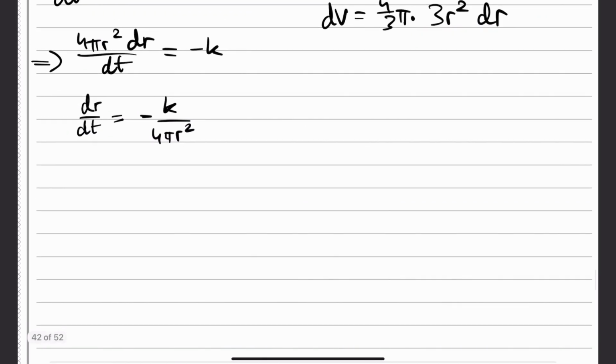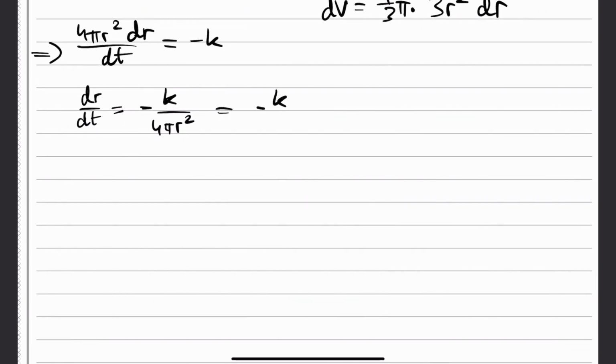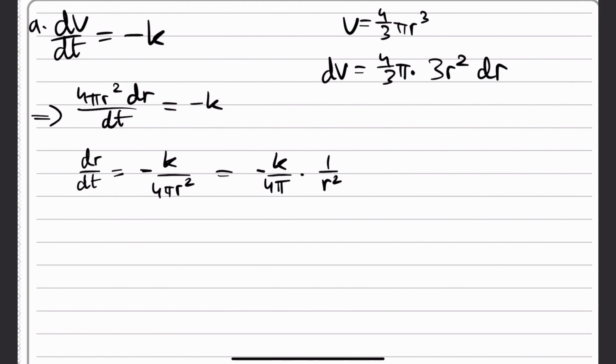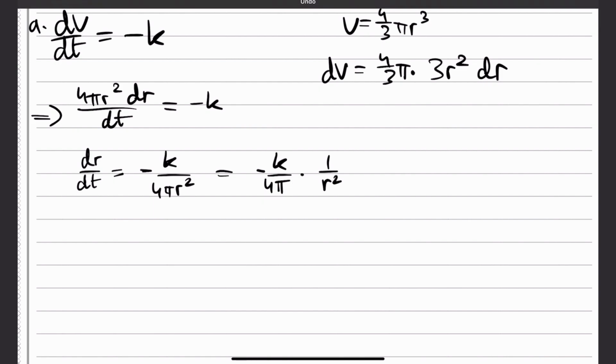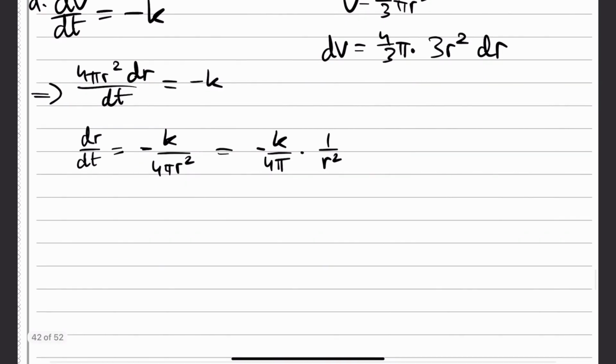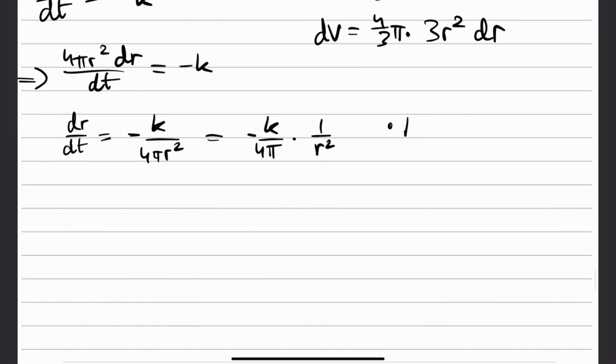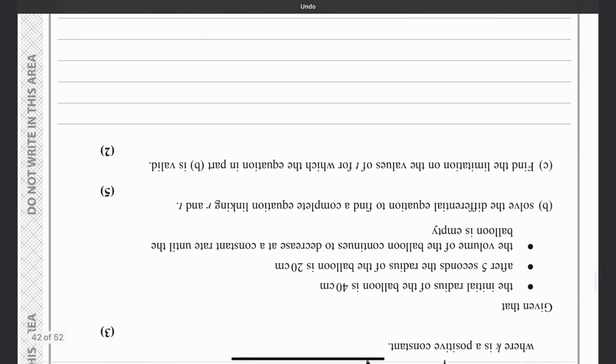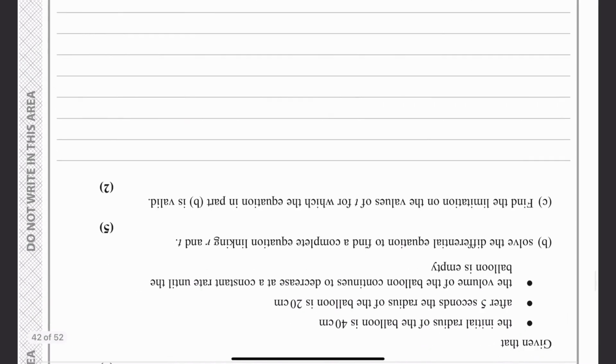Over r squared. So if you split this up, 4 pi multiplied by 1 over r squared. Basically the k is going to include that. So I think I've shown it. The k in the answer includes the 4 pi, that makes sense, because 4 pi is a constant.